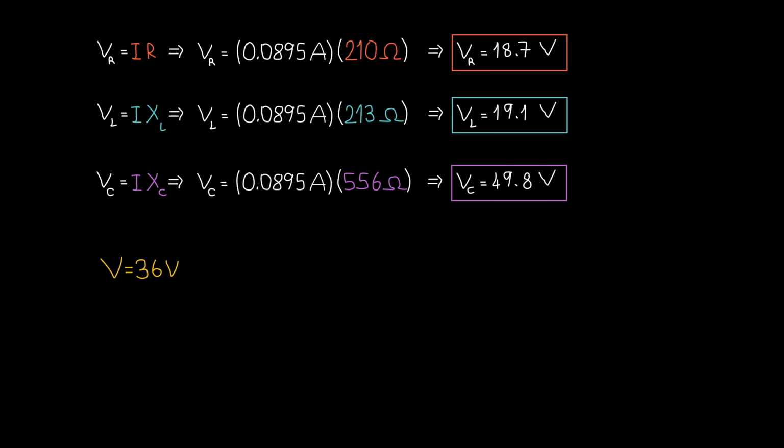Because the resistor, the inductor, and the capacitor do not reach the maximum value of their voltages at the same time. There's a phase difference between them. Based on Kirchhoff's loop rule, at any given moment, we expect the sum of the voltages of these three devices to be equal to the source voltage. But that means the instantaneous voltages should add up to the source voltage value and not the amplitudes.